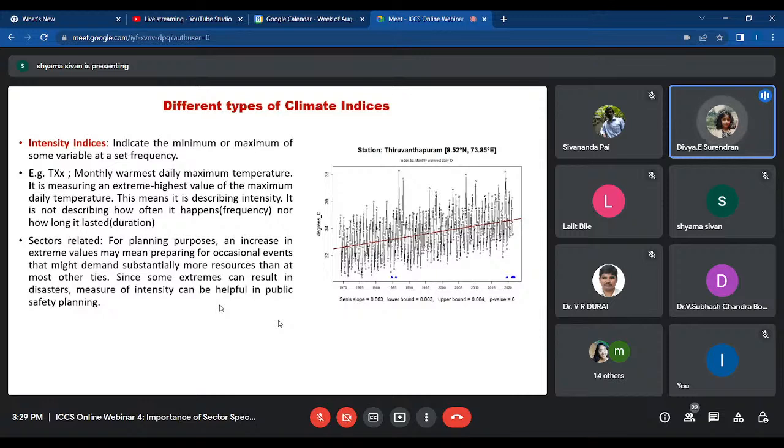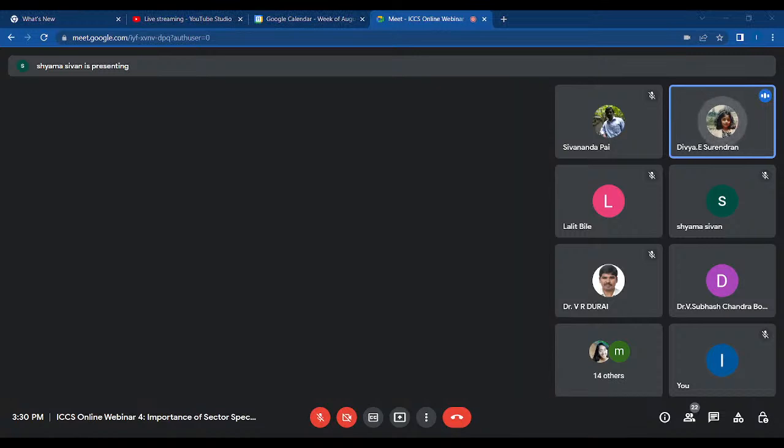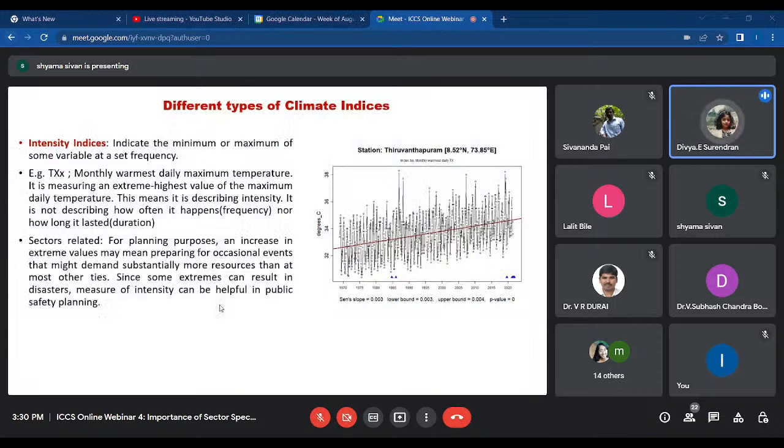Here the warmest daily maximum is around 35 to 36. But if we come towards 2015 or 2020, we can see the highest maximum temperature recorded has increased to 38 degrees. So over these many years, a 2 or 3 degree Celsius increase has happened in the highest maximum temperature.